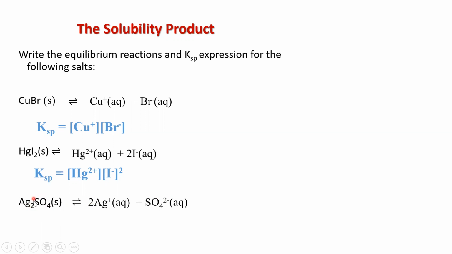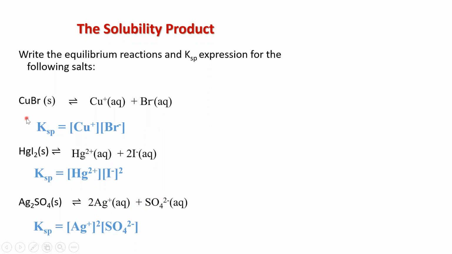And we have 1 sulfate on the reactant side, so we need 1 sulfate on the product side. So the Ksp would be silver ions squared times sulfate ions to the first, and we wouldn't write that, we just assume it.